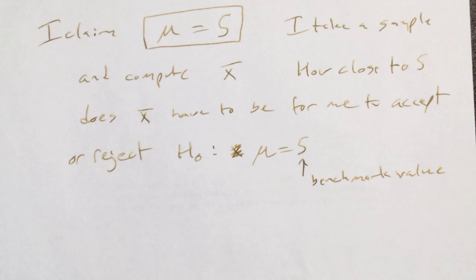This is usually based on prior knowledge. Something about the way the machine is set up, something about the population that we already know. It's some sort of targeted value we created. That's something we establish separately. If I give that null hypothesis, what's the alternate hypothesis? Something other than that.